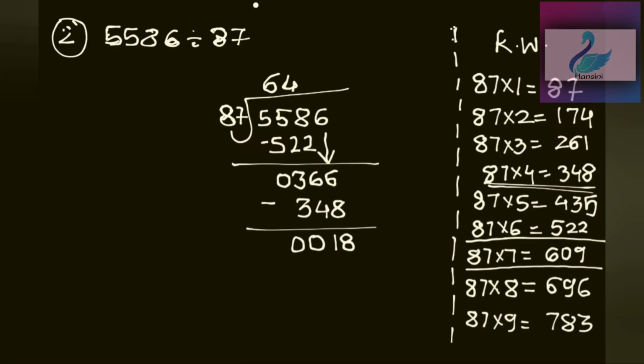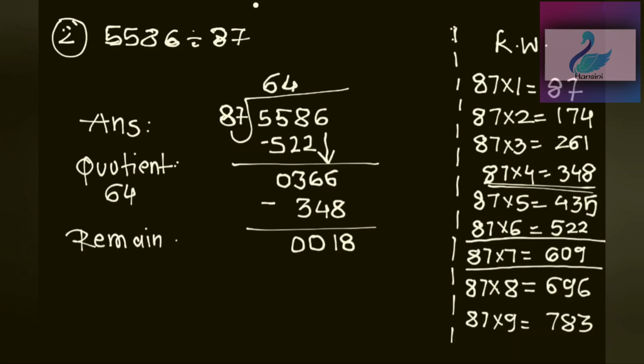So I get the answer as 18. So here the quotient is 64 and the remainder is 18. So 5586 divided by 87, quotient is 64 and remainder is 18.